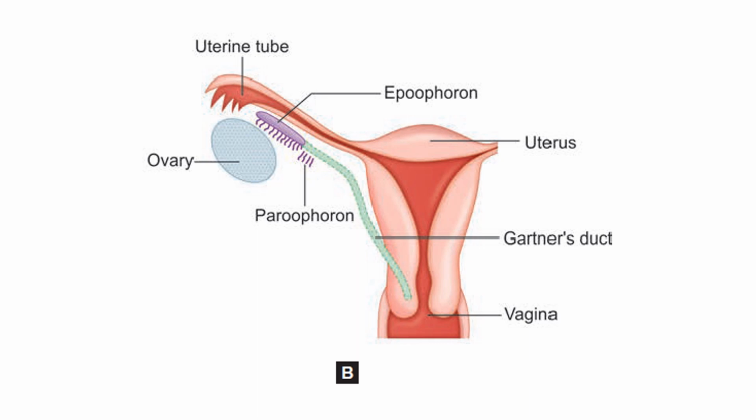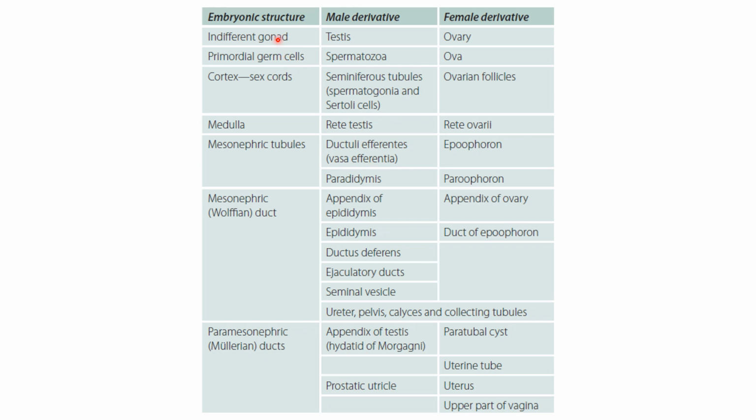Now we can summarize all these derivatives in a table, that is the male and female homologues derived from the undifferentiated genital system. The indifferent gonads in the male will give rise to the testis, in the female to the ovary. The primordial germ cells in the male give spermatozoa, in the female ova. When you consider the cortex of the gonad, there will be sex cords. These medullary sex cords will form the seminiferous tubules in the male and the associated structures.